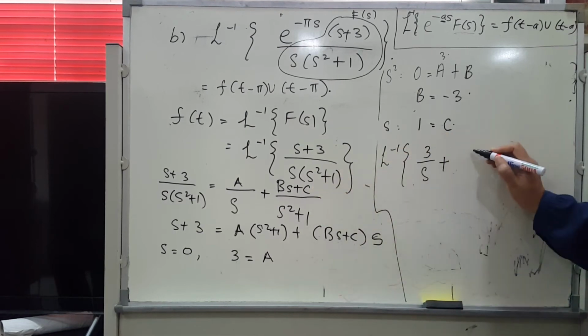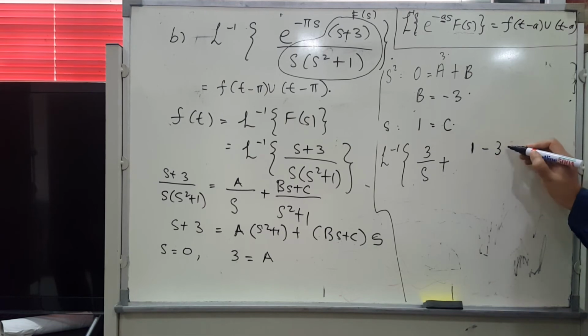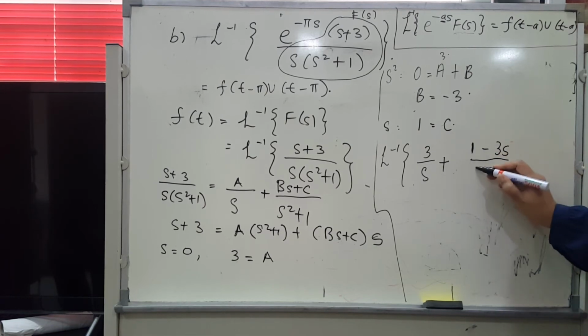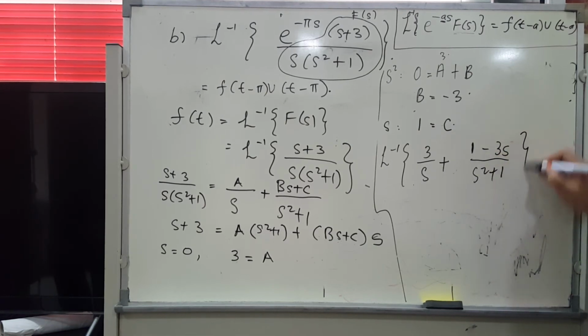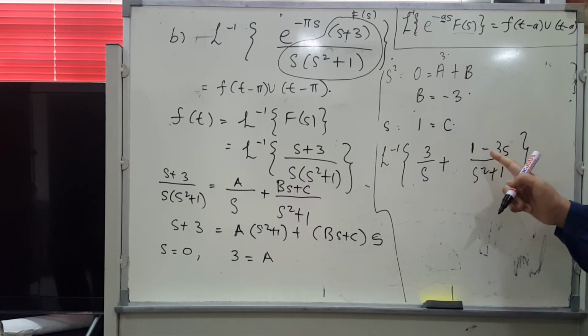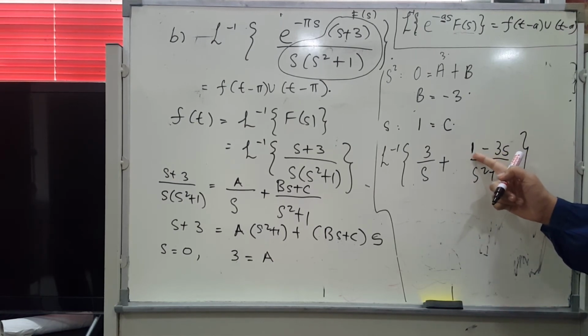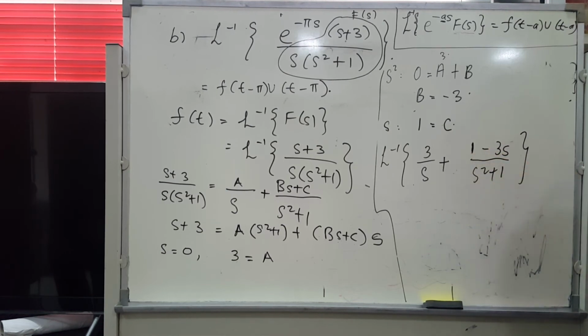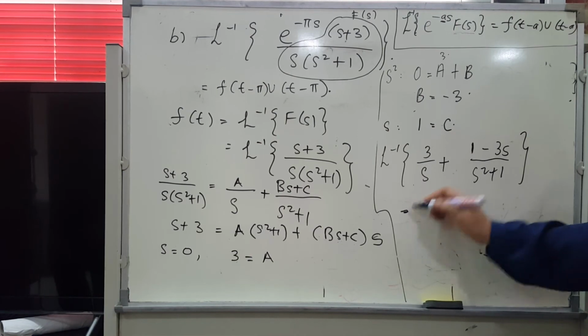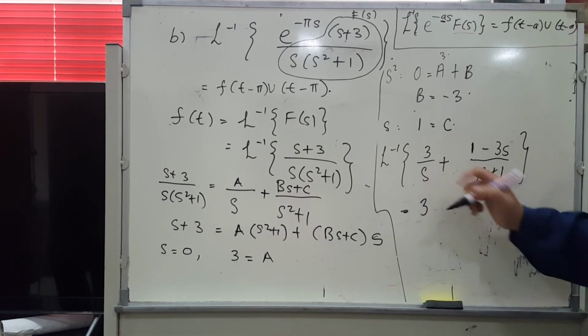Just write C first because C is positive, to avoid any mistake later, so it's clear. So 3 over s is 3 times the Laplace inverse of 1 over s.